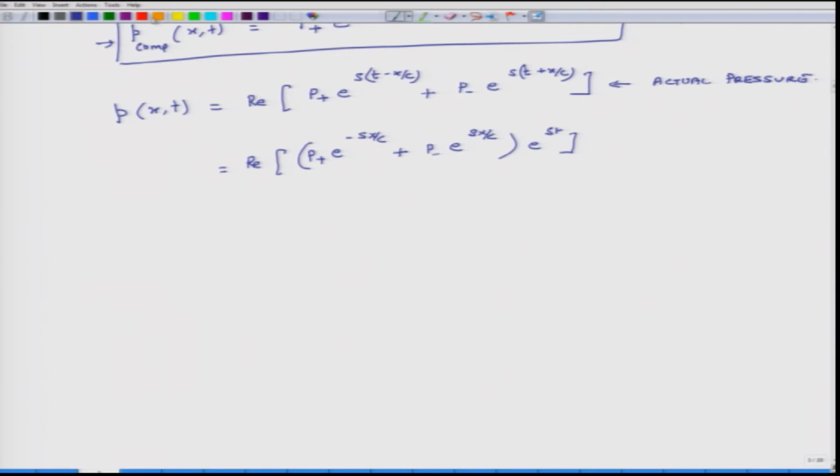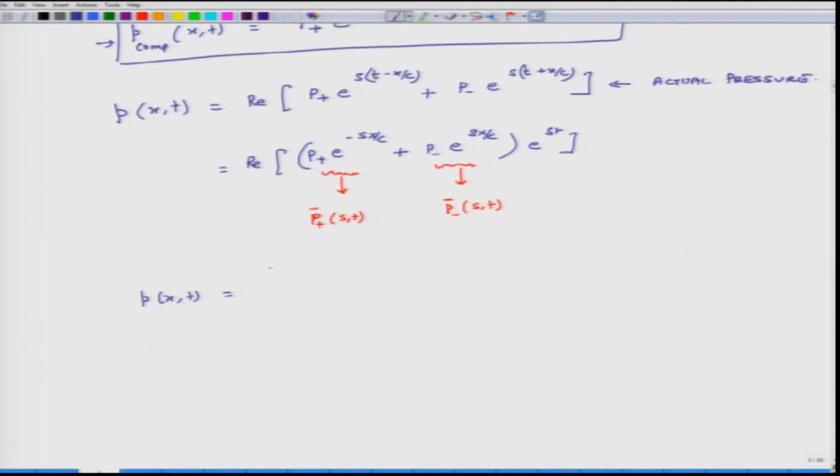I now define this entire term as p plus bar, and this depends on s and t, and I define this entire thing as p minus bar, and this again depends on s and t.